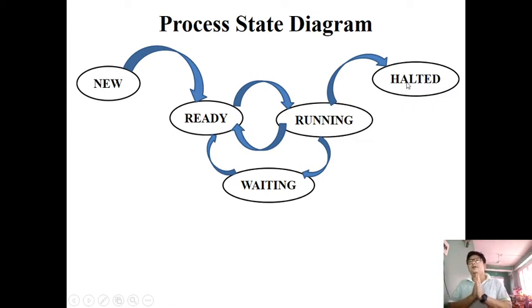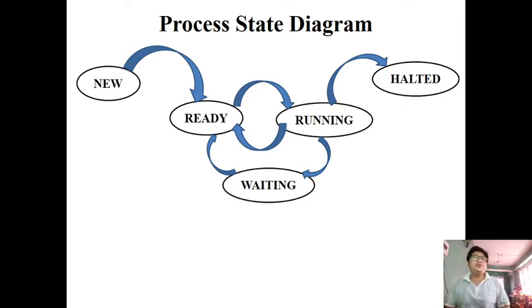Now, a very important thing that we need to note in order to understand the concept of maximum throughput. The ready queue is a place where you keep all different types of jobs.